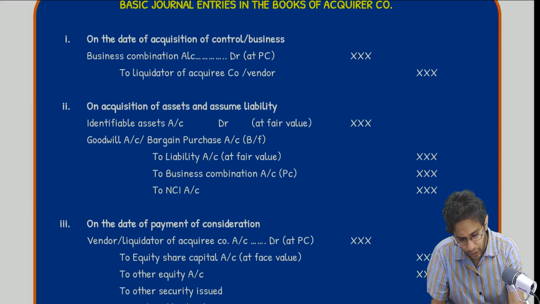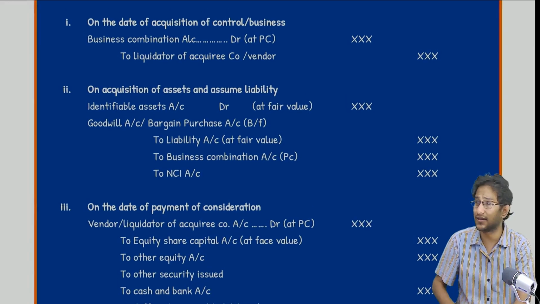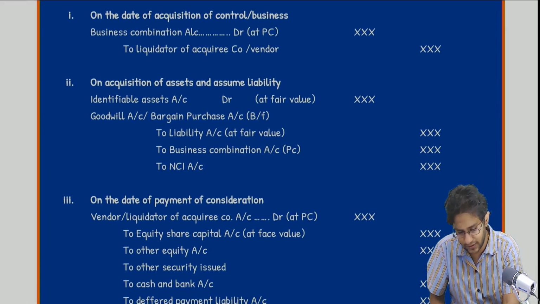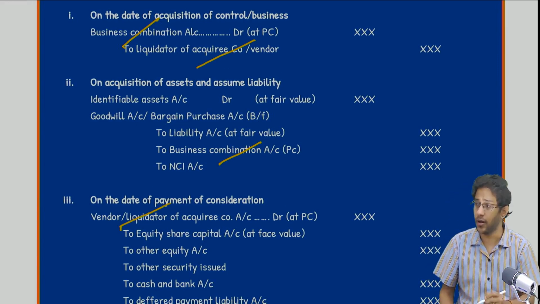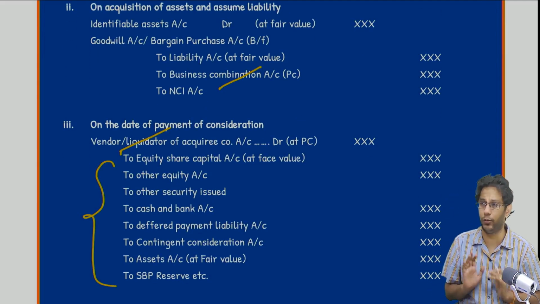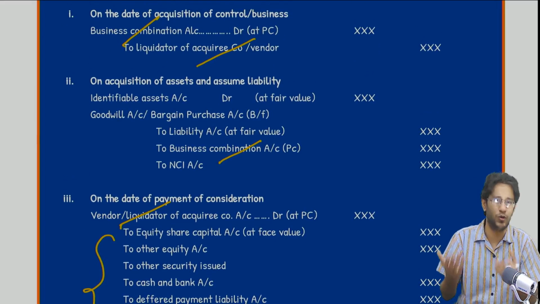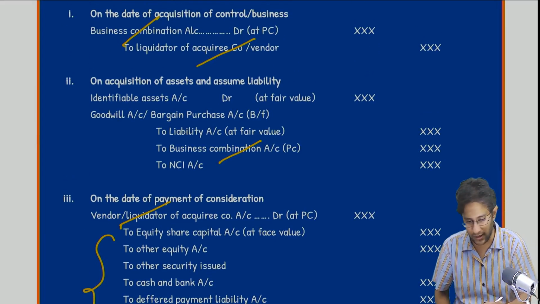Sir, I am not saying that you will go and write all these entries every time, but it's just like this. Instead of writing 3 entries, the business combination account will get cancelled here, the liquidator vendor account will get cancelled here, assets less liabilities against this entire PC, whatever you agreed to pay, as a net entry. Since you are used to this, I will give a model entry like this.